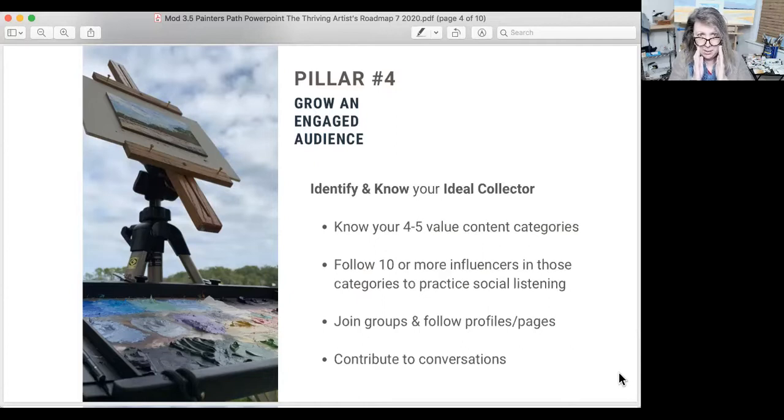Here's that word again. They're going to be in alignment when you know what's important to you. You want to think about 4 to 5 core values that influence your painting. There's a process for doing that. We'll go through it in module 5, but know what I'm talking about there.